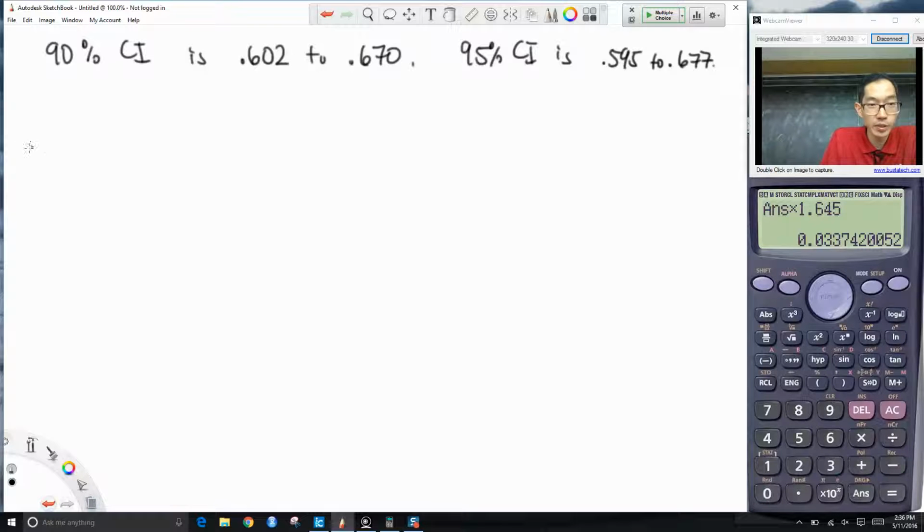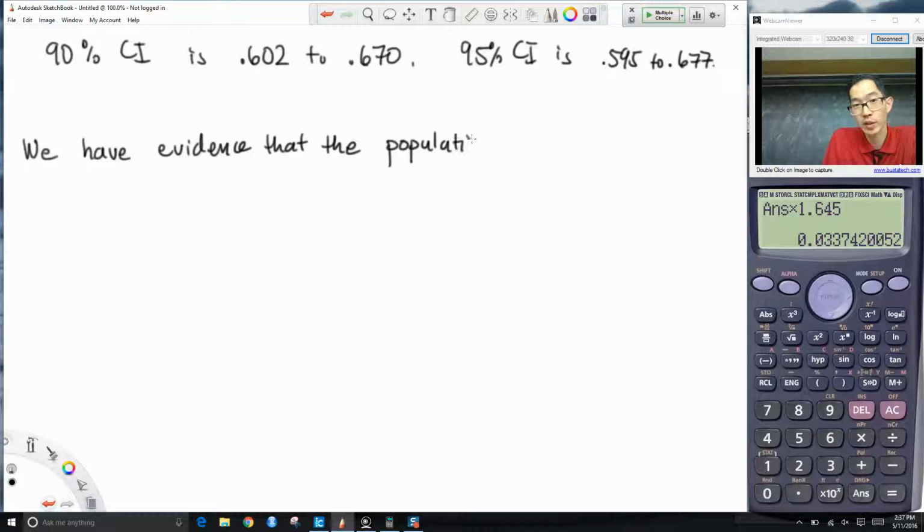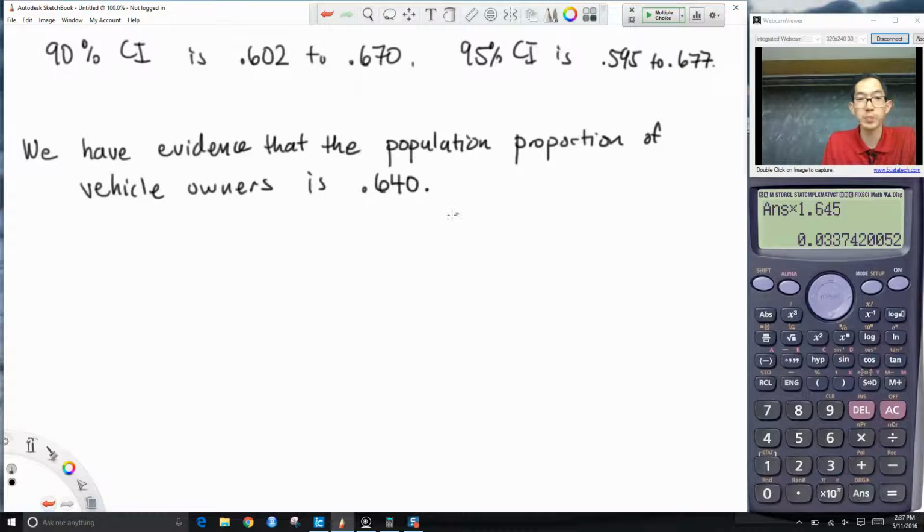So here's a question. Can we say we have evidence that the population proportion of vehicle owners is 0.640?